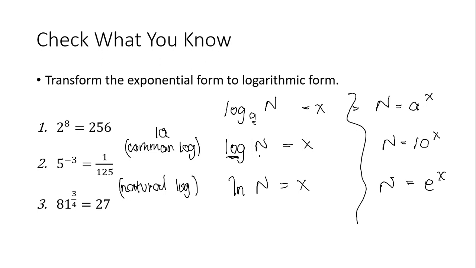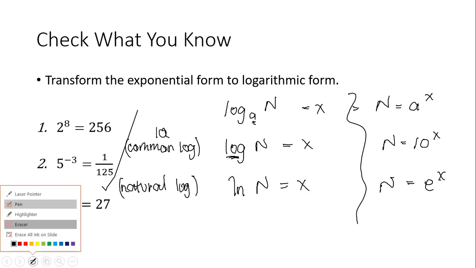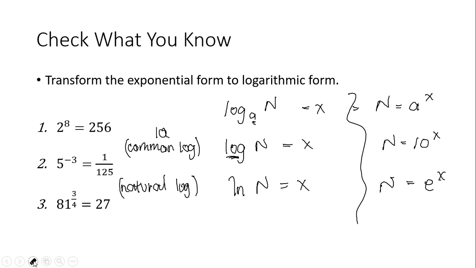So etong natural, maaring hindi nyo yan ma-encountered. Pero itong common log po, na kung saan hindi po indicated yung base po. Okay, tandaan lang natin, automatic po meron tayong 10 as the base for it. Okay? Naintindihan po ba? Naintindihan po mga anak?